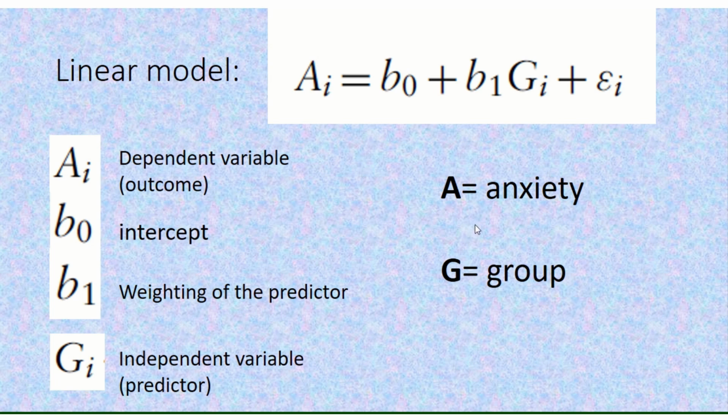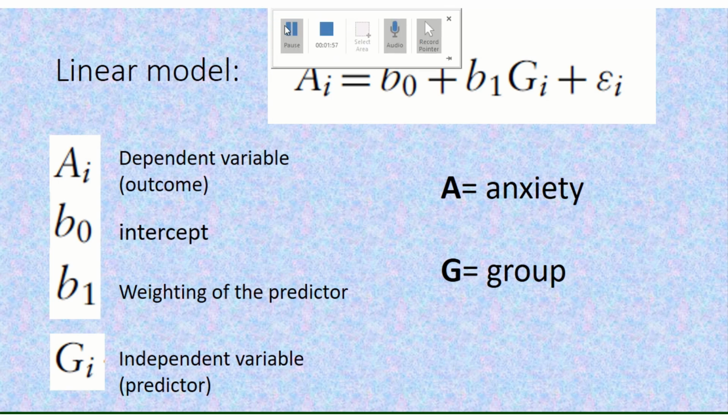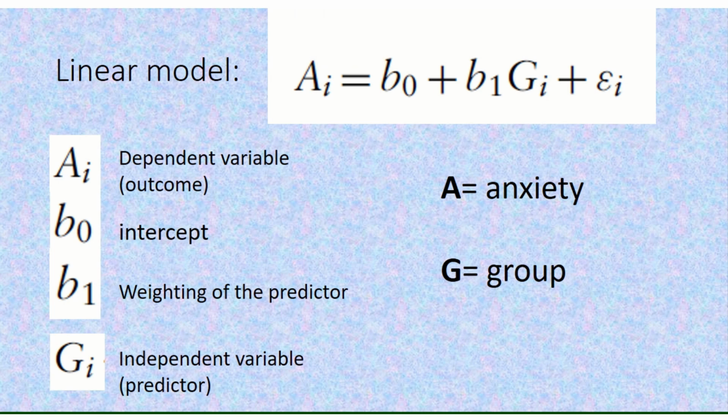The uppercase letter A will represent anxiety, while the uppercase G will represent the group. We will be using this linear model equation in our next activity.